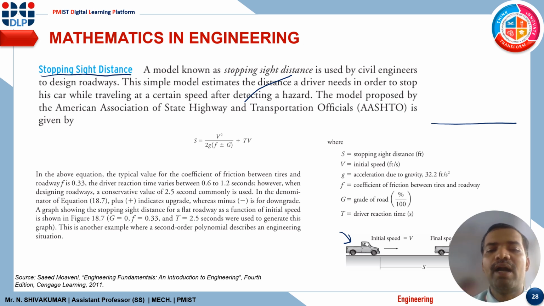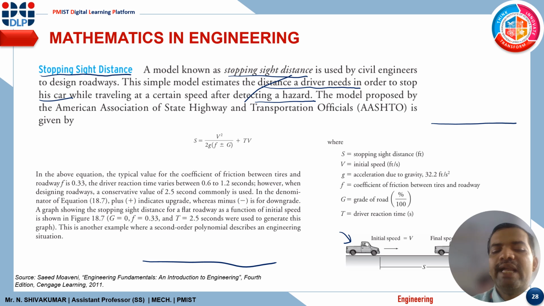It is a model used by civil engineers to design roadways. This simple model estimates the distance a driver needs in order to stop the car while traveling at a certain speed after detecting a hazard. If you are riding on a road and there is an accident, you need some distance to react.